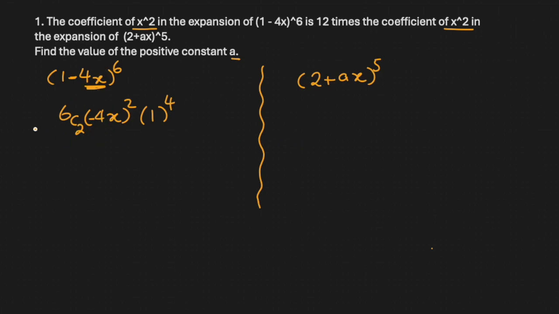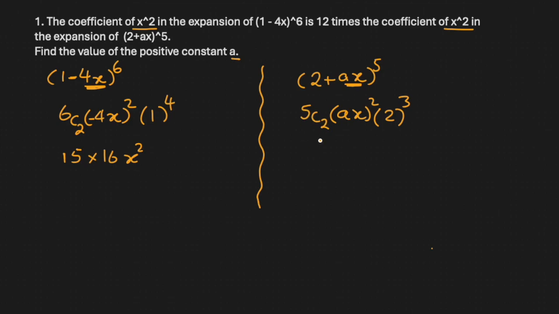Alright, so 6c2 is 15, minus 4 square is 16, x square is x square, and 1 to the power 4 is 1, there is no need to write it. And in this one, we will again do the same thing. ax will give us x square, so we'll write ax squared, and it's positive, so no need to write any sign. 2 will get the remaining 3 out of 5, and here we'll write 5c, and you guessed it right, 2.